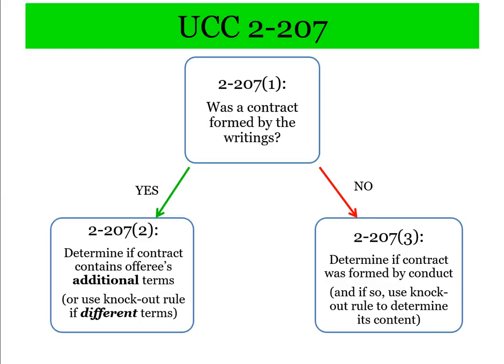All right, now let's look at what happens if a contract was not formed under 2-207(1). In that case, you go to subsection 3 to determine whether a contract was formed by the parties' performance, and if so, what terms the contract contains. Now, a contract might not be formed under subsection 1 for either of 2 reasons.